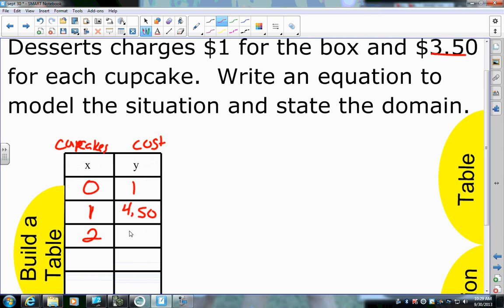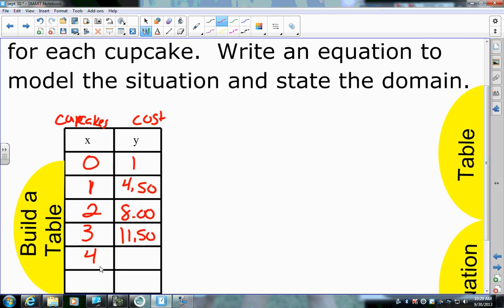So what is that? $8. 3 cupcakes, I increase again by $3.50, so that's $11.50. 4 cupcakes, again up by $3.50, and 5 is $18.50.